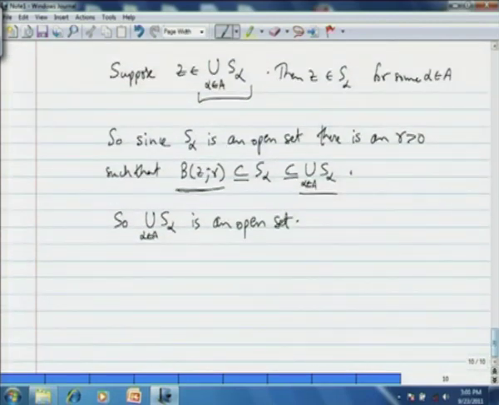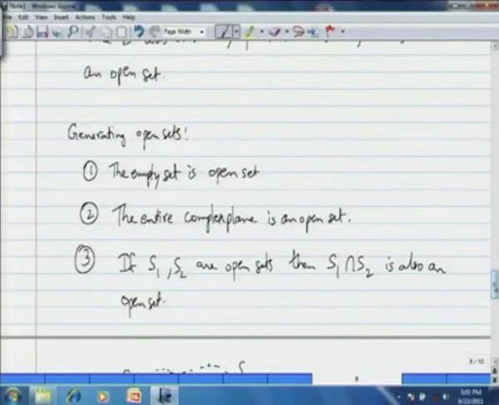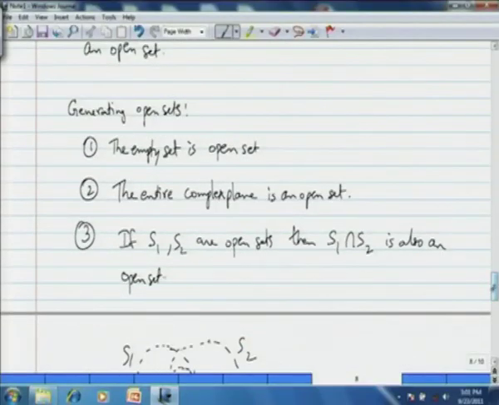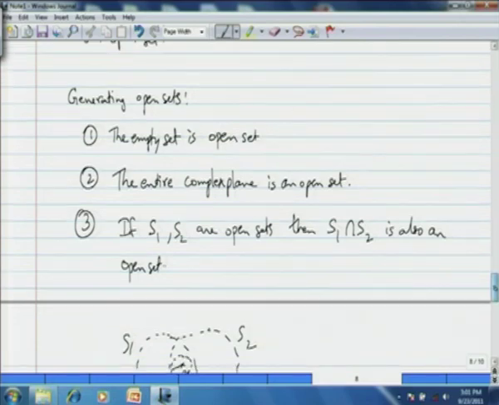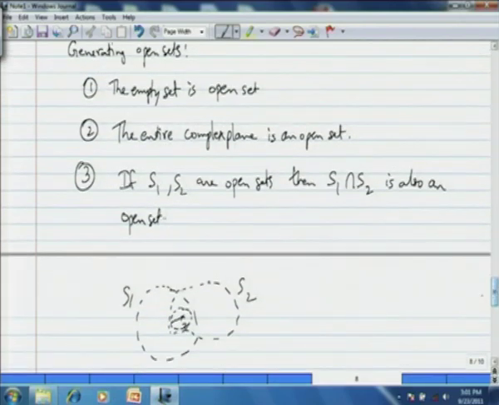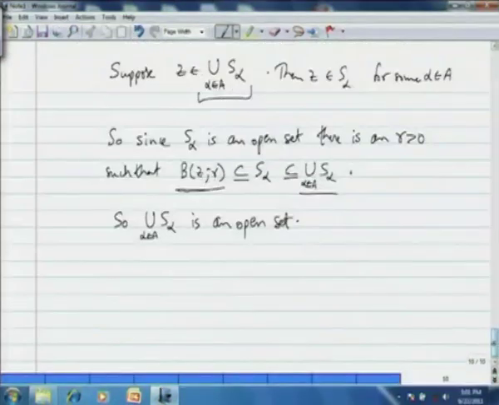And next what we want to see is more open sets. So, due to these properties 1, 2, 3, 4 or these ways of generating open sets, here is another example of an open set.